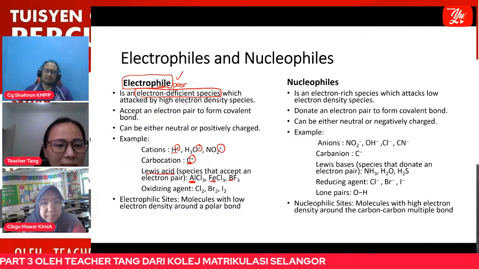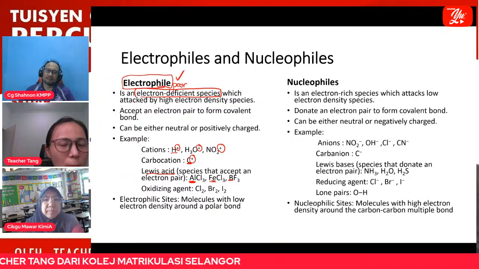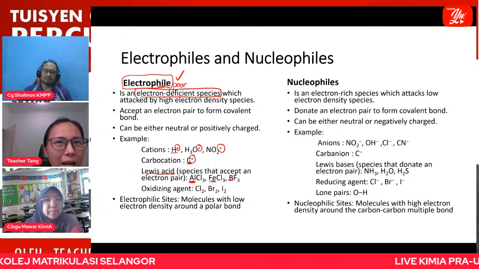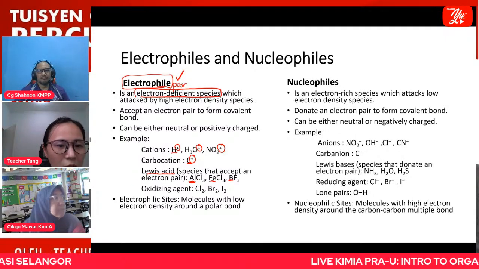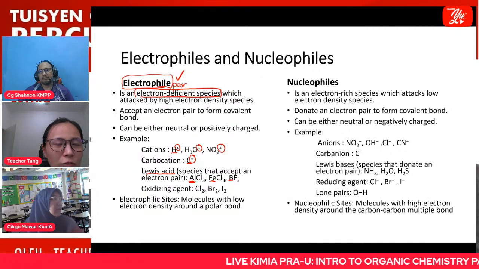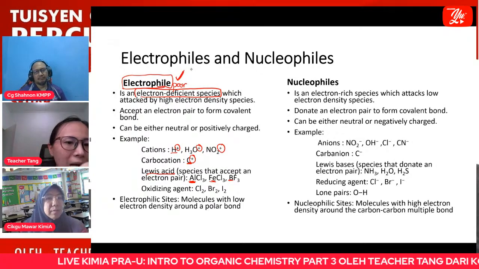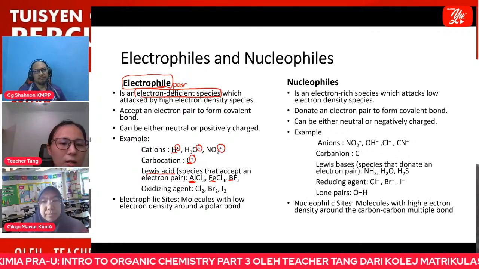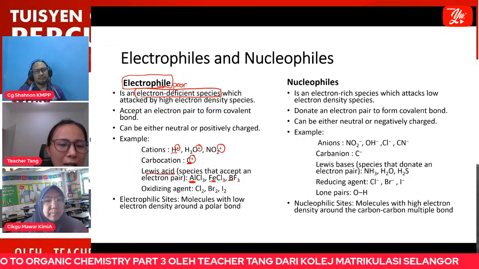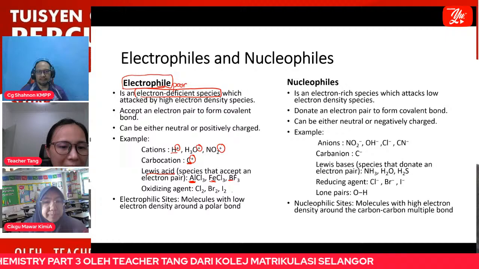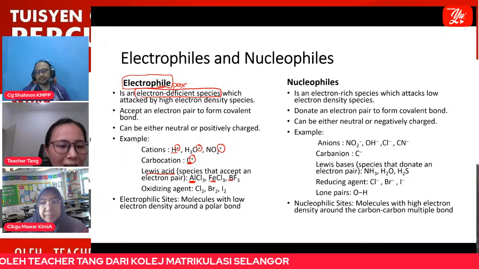In other words, they are electron poor, not having enough electrons to achieve octet. Therefore, they are electron poor species, or electrophiles. Oxidizing agents like chlorine, bromine and iodine are usually electrophiles as well.